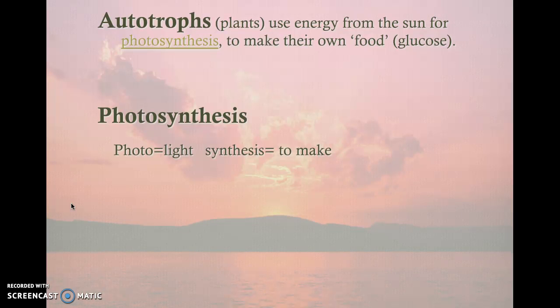We would eat plants, we would eat other animals, and so we get that. We also have photosynthesis here. The term photosynthesis stands for light to make, and for autotrophs, that would be their food, which is glucose.